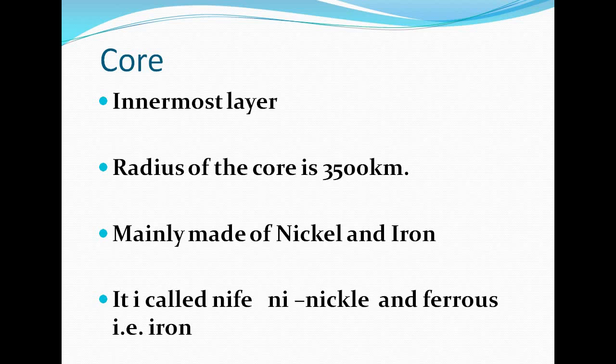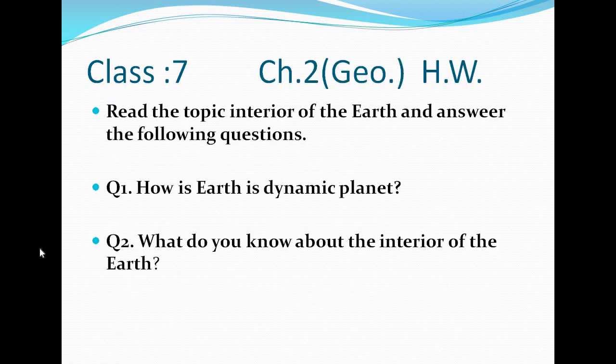Now on the basis of this topic, I am assigning you some work. What is the homework for today? First you have to read the topic interior of the earth very carefully, and after that you will write the answers to these questions in your fair notebook. Our first question is, how is earth a dynamic planet?